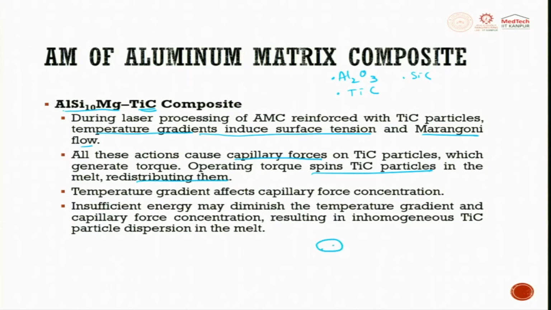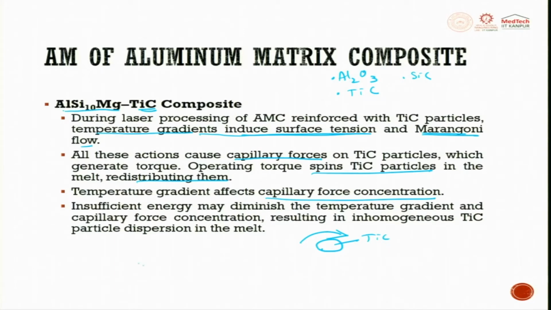So, the TiC particle will spin. All these actions cause capillary forces on TiC particles which generate torque. The operating torque spins the particle. Where is the spinning happening? Induced surface tension and Marangoni flow. These two bring in the spin in the melt and redistribute them. Temperature gradient affects capillary force concentration.